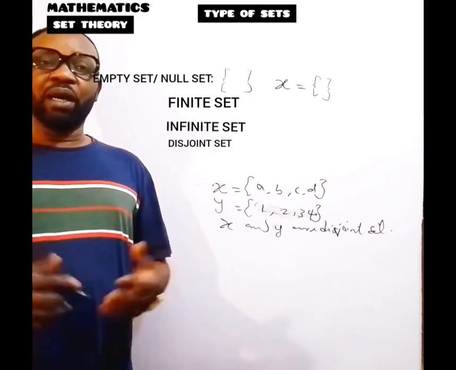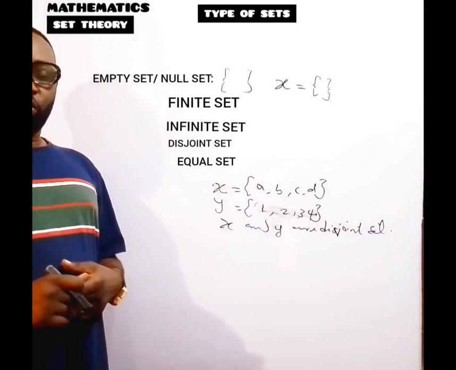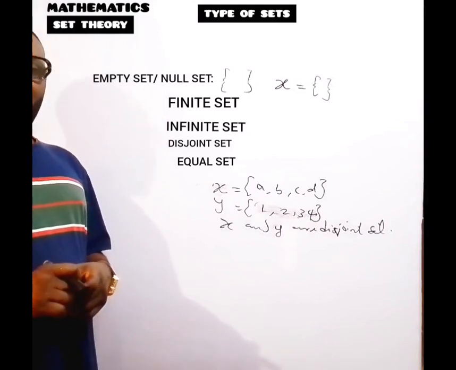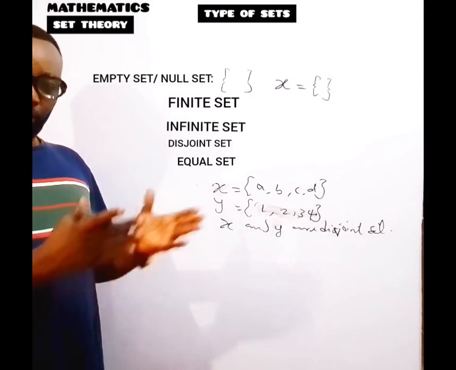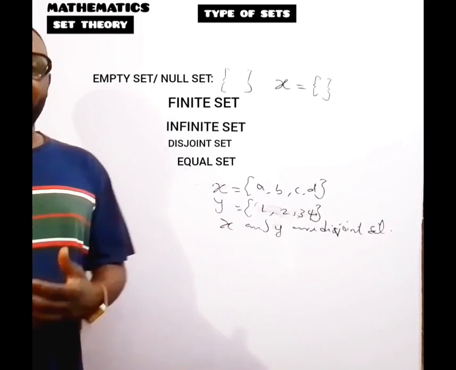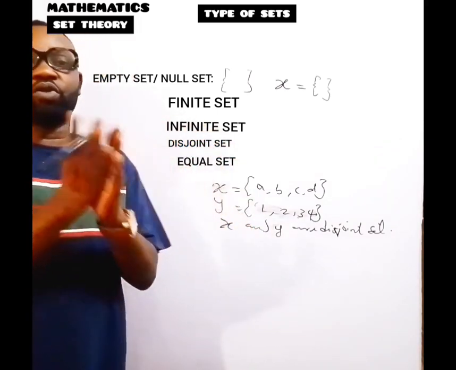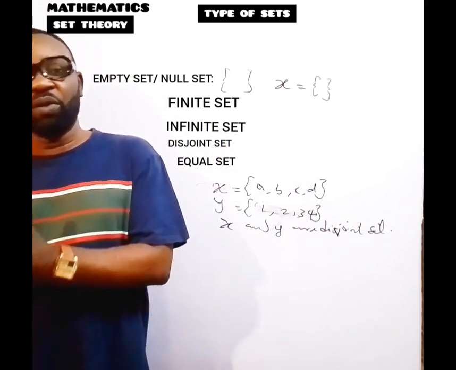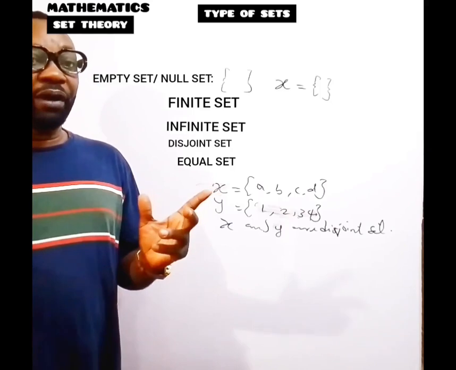Now, another example of a set is what we call the equal set. Equal, as the name implies, means the same value. What is meant by this is that the values in this particular set are also the same values in the other set, neglecting their arrangement.